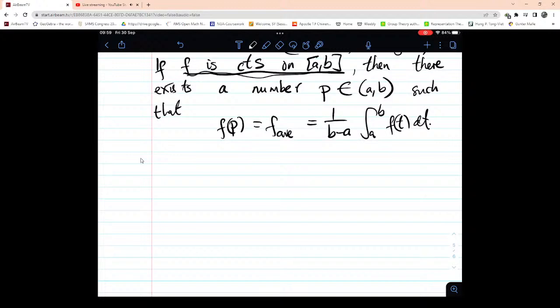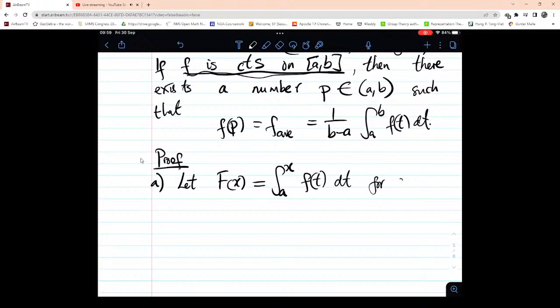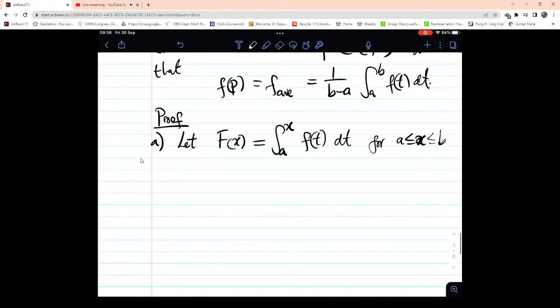Right, so let's look at the proof. Let big F of x be the integral from a to x of f of t dt, for some x between a and b. This should look familiar. So why is big F differentiable?